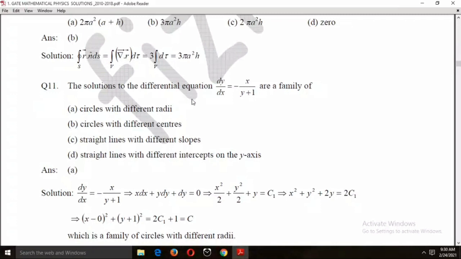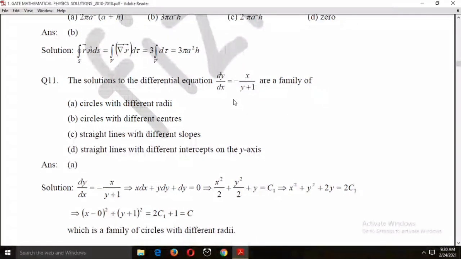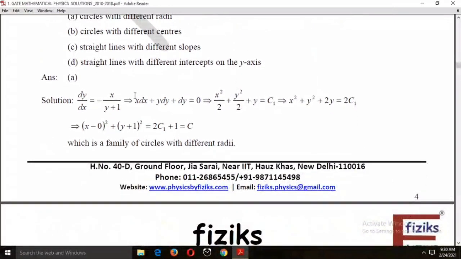The solution of the differential equation dy by dx equal to minus x upon y plus 1 are a family of... So we can solve this as: x dx plus y dy plus dy equal to 0.